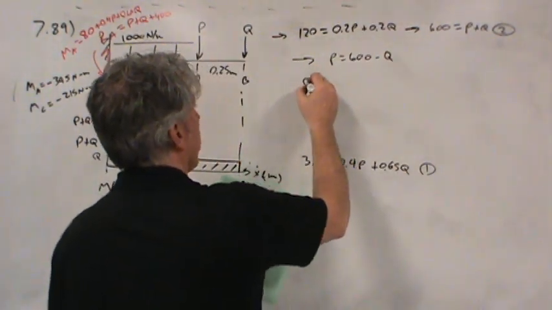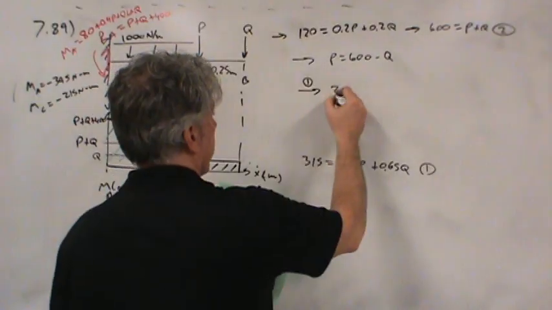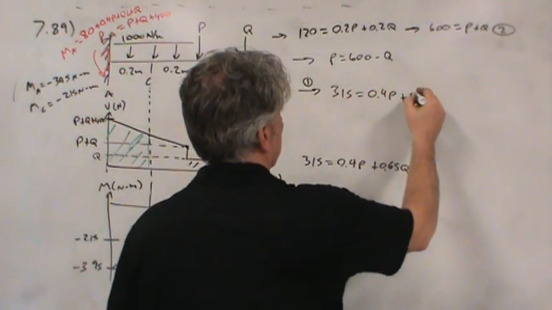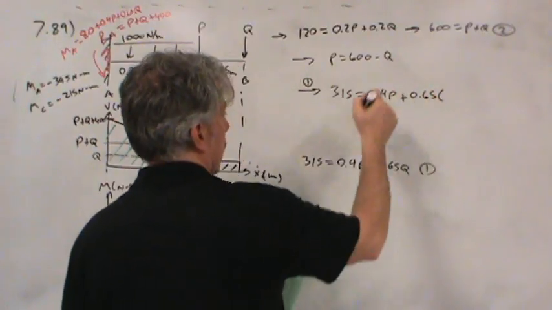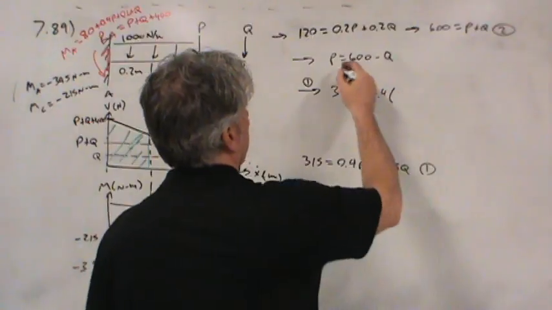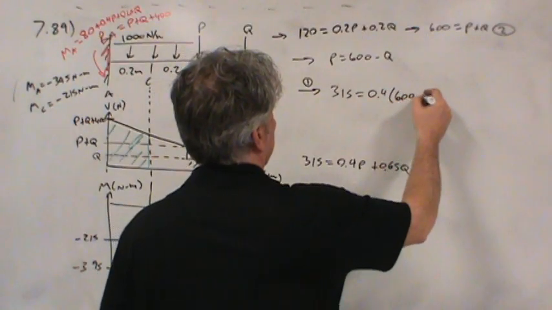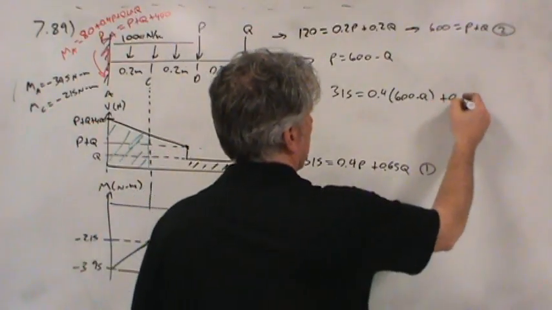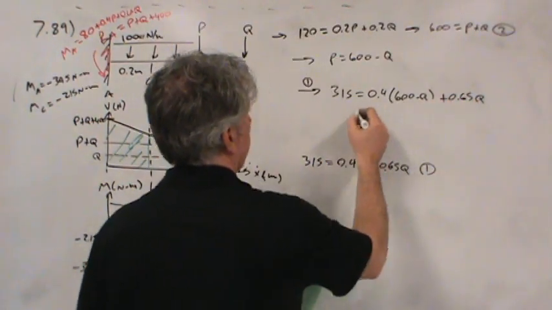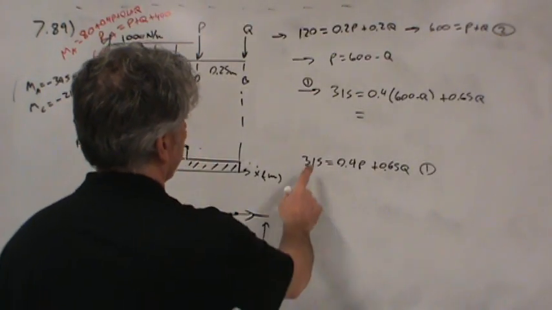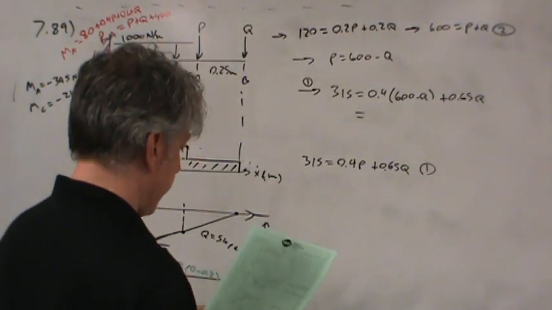So, equation 1 tells us that 315 equals 40% of P plus 65% of Q. Actually, I should have done it the other way. I'm substituting for P: 600 minus Q for P, plus 65% of Q. Oh, 315 came from here.